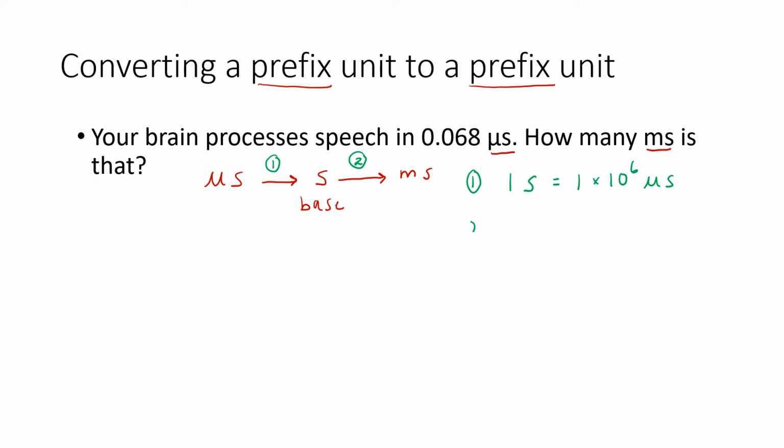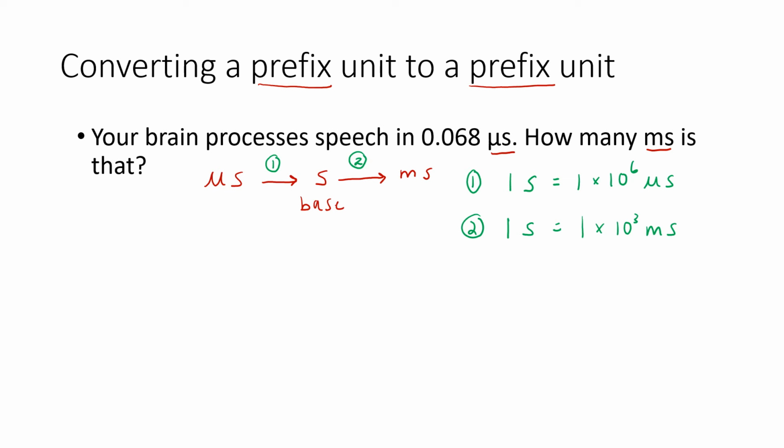Now for our second unit conversion, that's going to be the relationship between seconds and milliseconds. Second is still the larger unit, so 1 second is equal to 1 times 10 to the third, or 1,000 milliseconds. So there's a lot of the smaller unit in the one bigger unit.